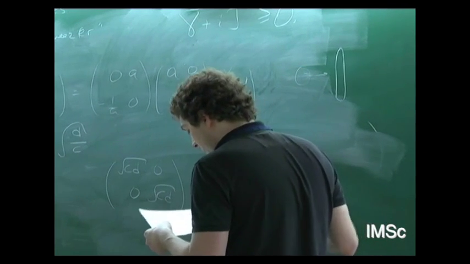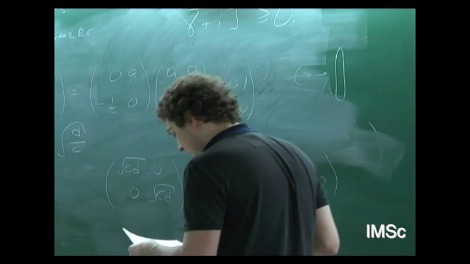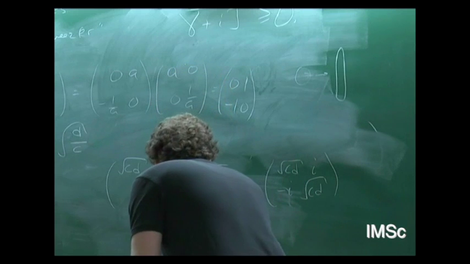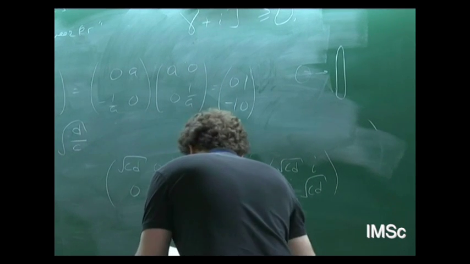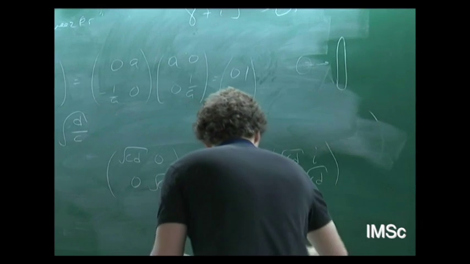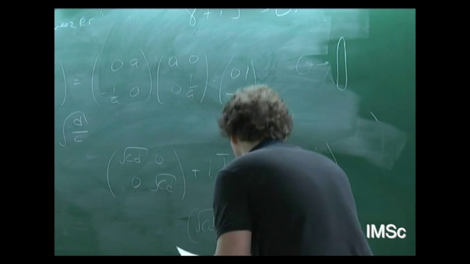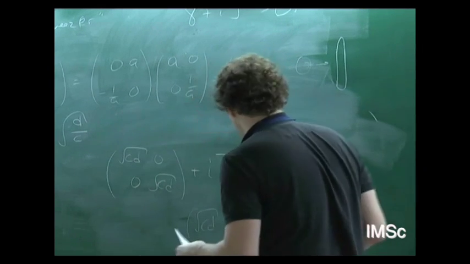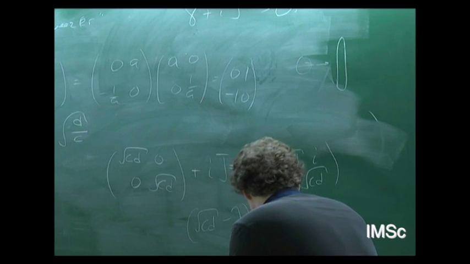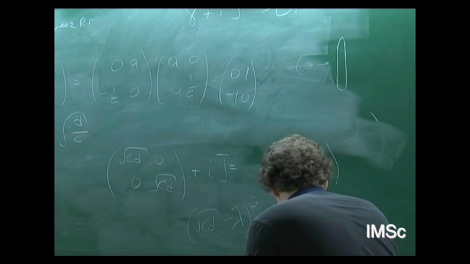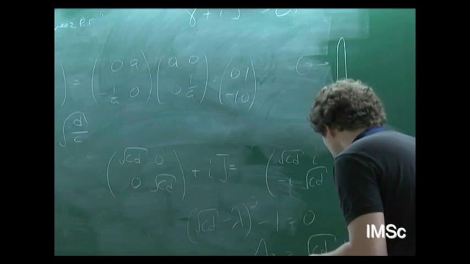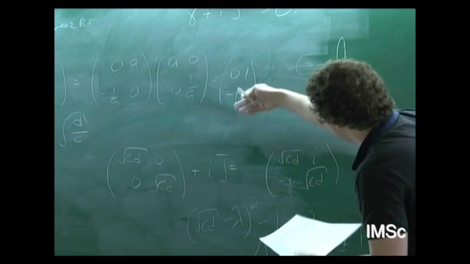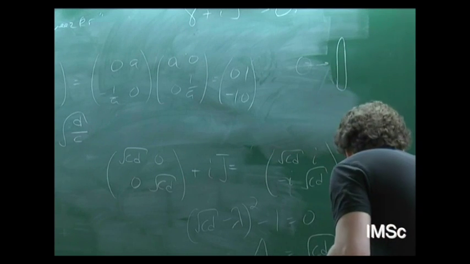And then the characteristic equation for this matrix is just going to be (root CD minus lambda) squared minus 1 should be equal to 0. And that means lambda plus or minus of this thing, right? So the two eigenvalues are just going to be square root of CD plus or minus 1. And I want those to be both positive to make sure that I satisfy this constraint.